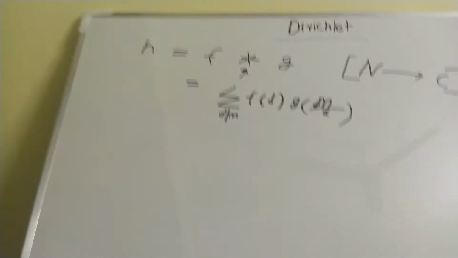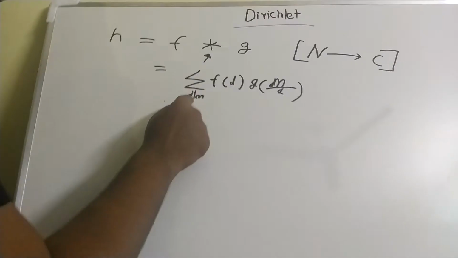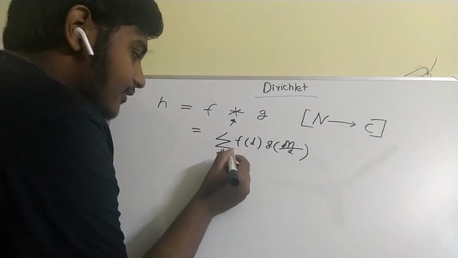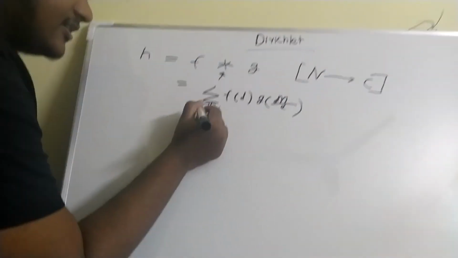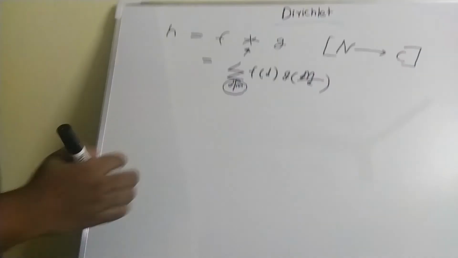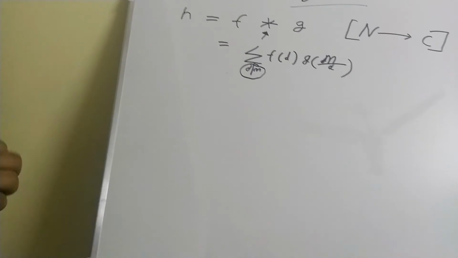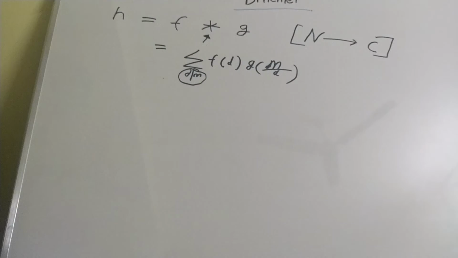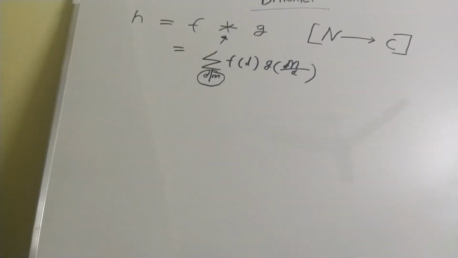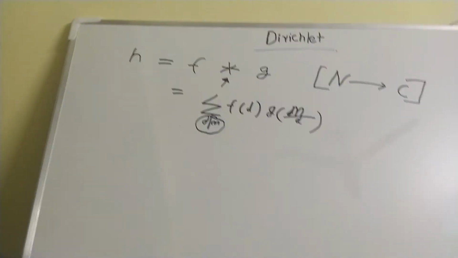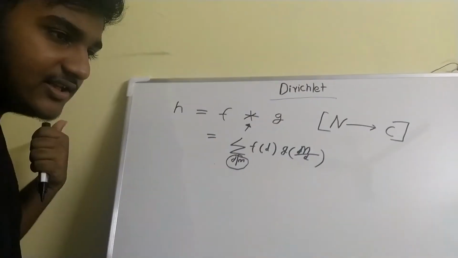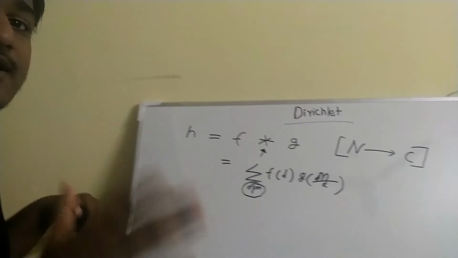What this basically says is that d is a divisor of n. So if you take a number like 10, if n equals 10, then d is 1, 2, 5 and 10.